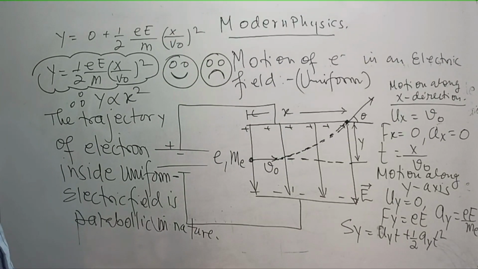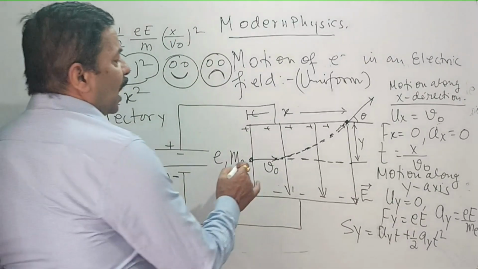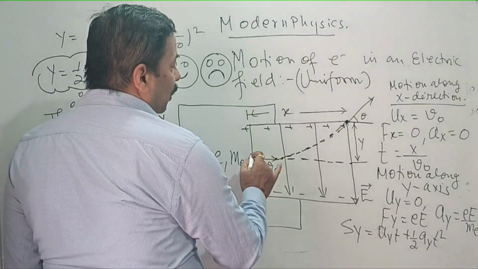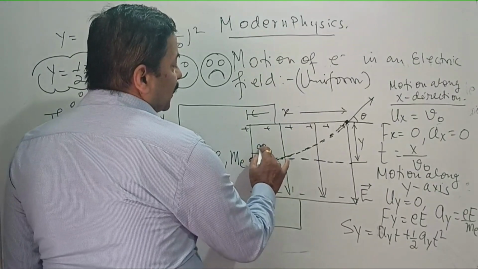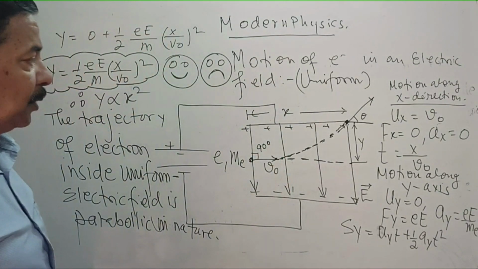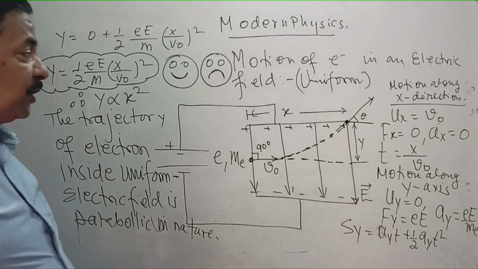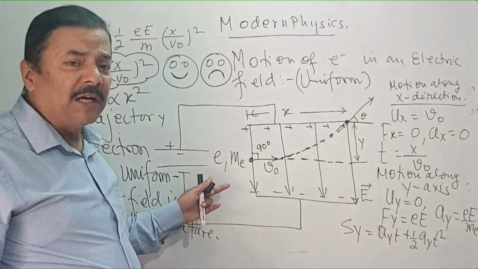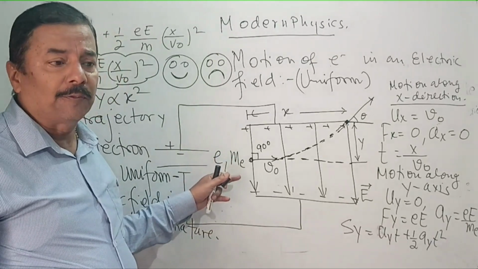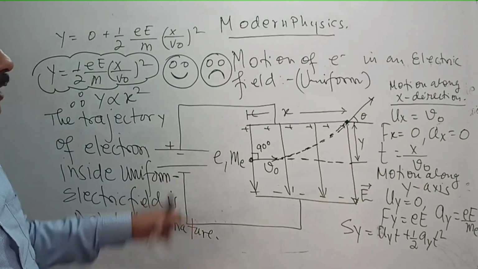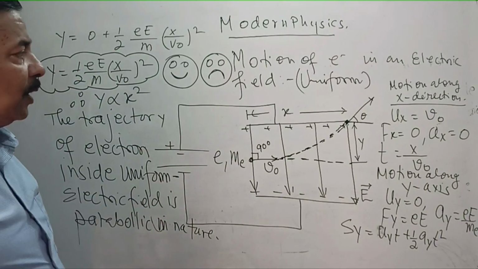So for the motion in an electric field, if the direction of the electric field is perpendicular to the direction of velocity, here you see the direction is 90 degrees between the initial velocity and the electric field. So if the electron is projected horizontally into a vertical electric field, then the result is that its path is parabolic inside the electric field.